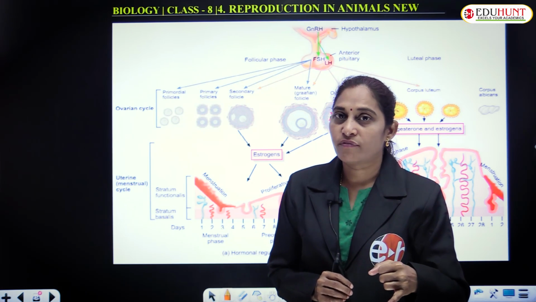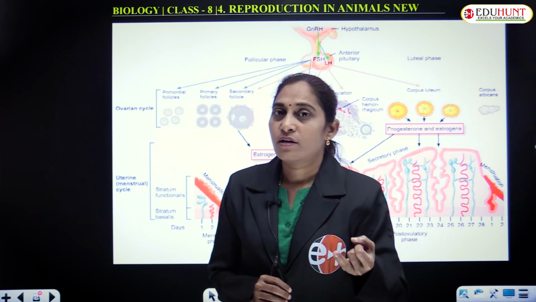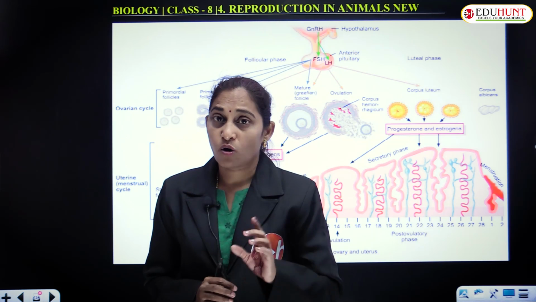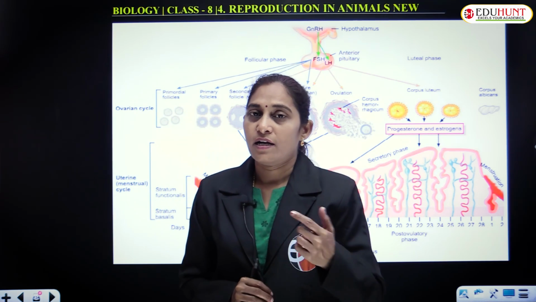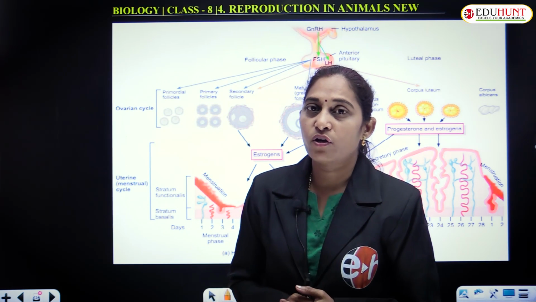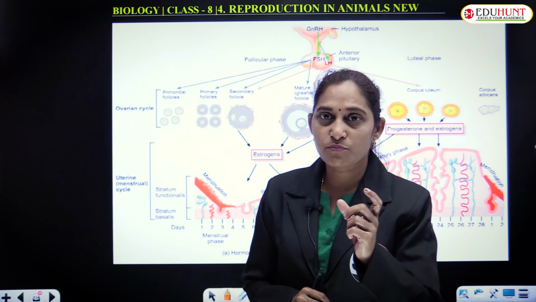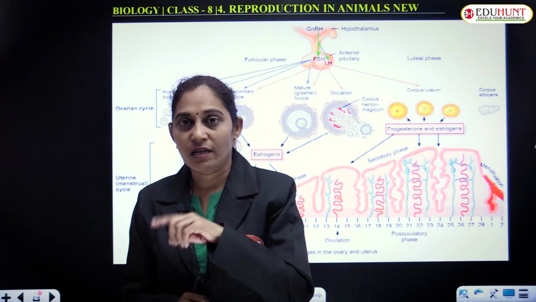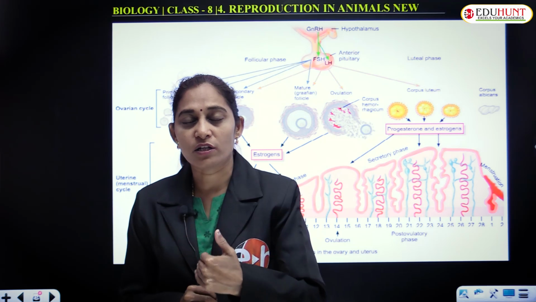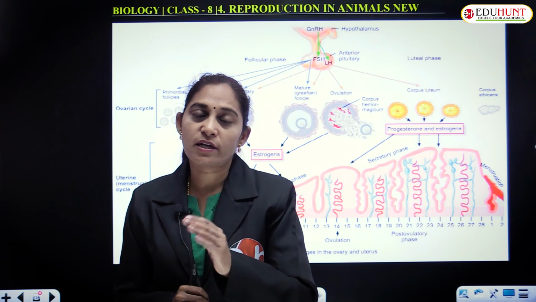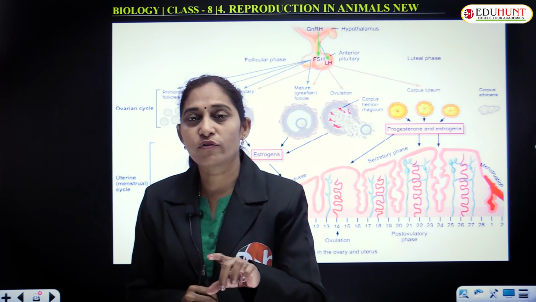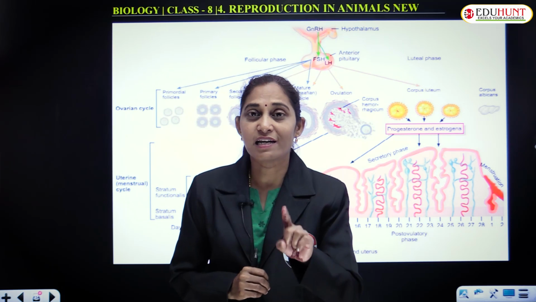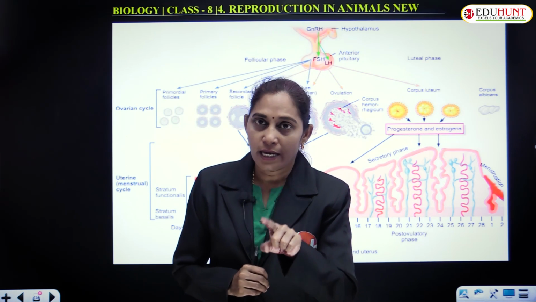One is the bleeding phase, second is the pre-ovulatory phase or the developmental phase, and third is the post-ovulatory phase. In the bleeding phase, that is the period, bleeding occurs. In the next phase, development of ovum takes place. In the third phase, ovulation and post ovulation. Ovulation is nothing but release of the mature egg.